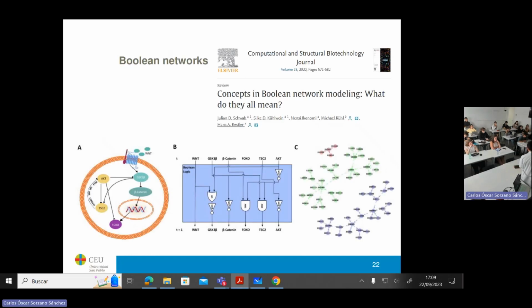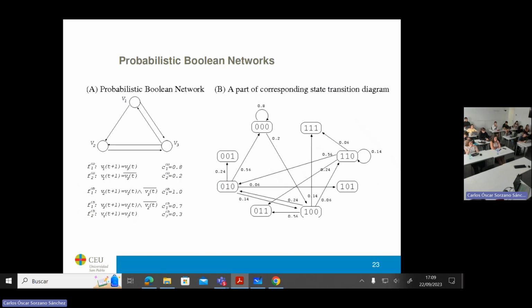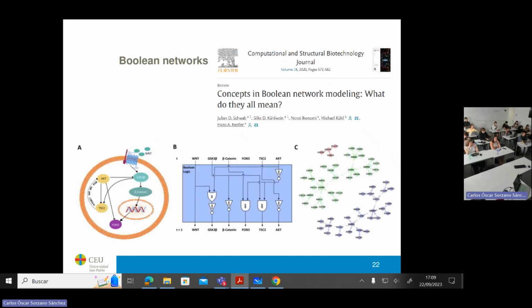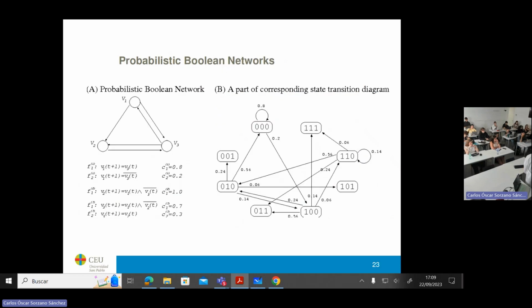Because the other one, this sort of circuit, is deterministic. If there is a particular combination, the next step will be this one. But in reality, in biology, it is more probabilistic. So it is very likely that it is that one. That could be something else.